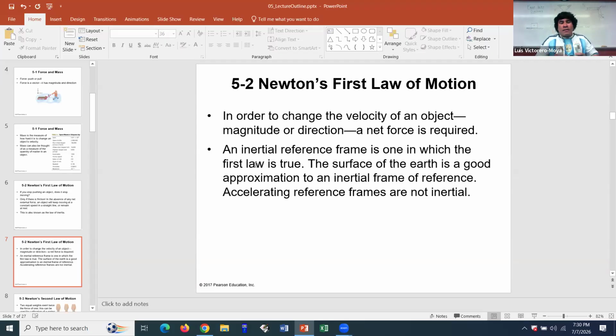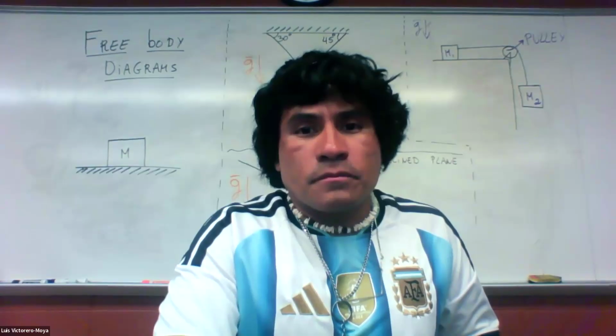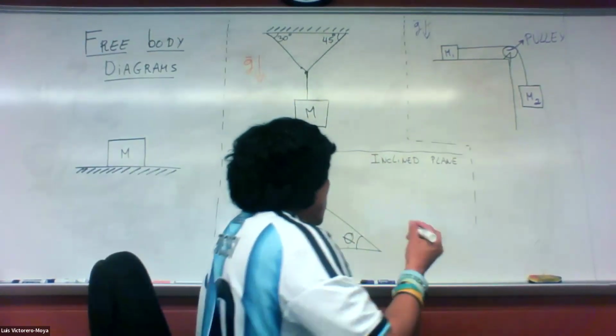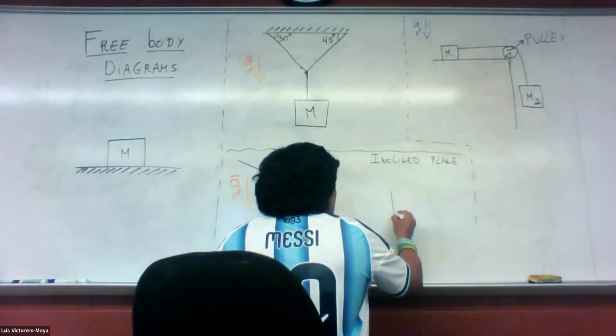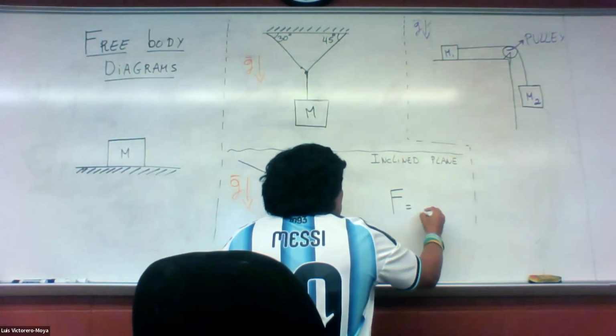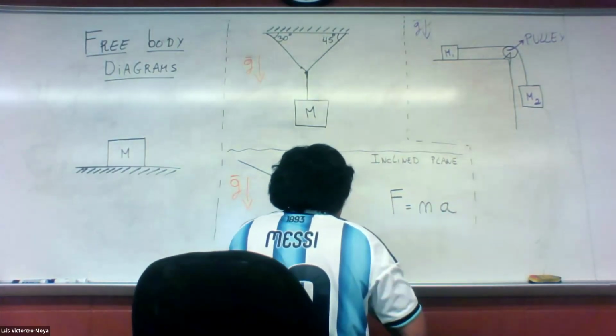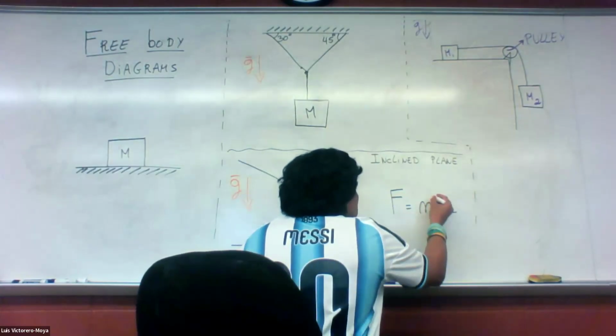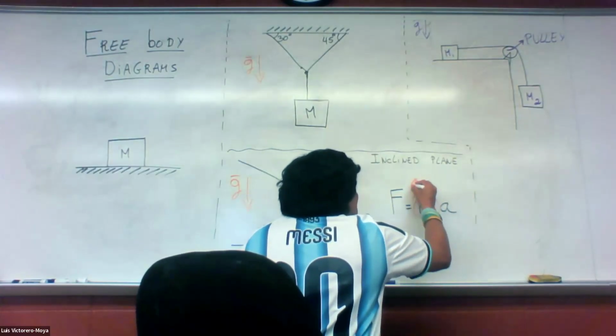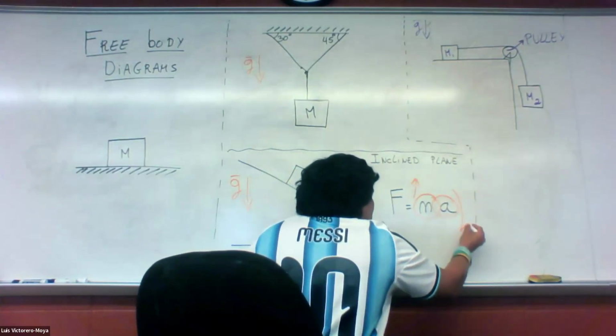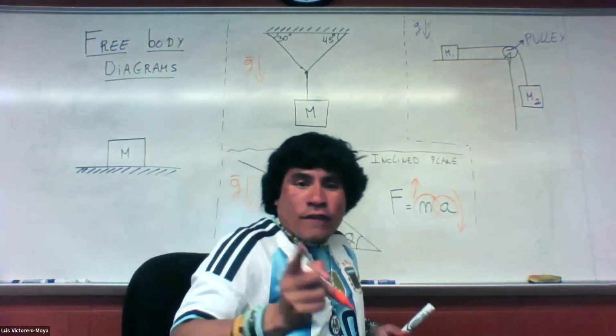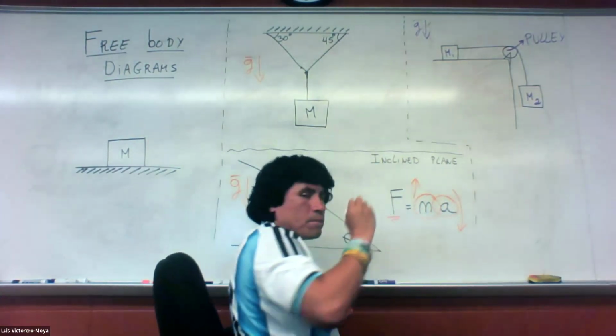So that is the thing though, right? If you write the equation F equals ma, if you make the mass larger, the acceleration will decrease for the same force, if the force is constant.